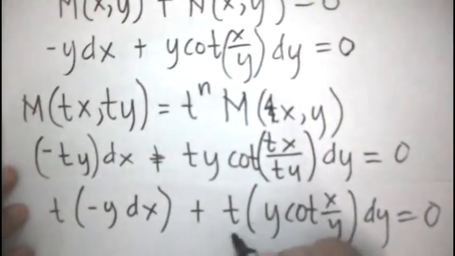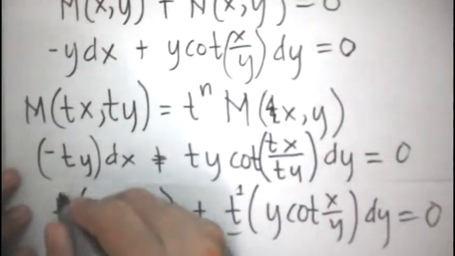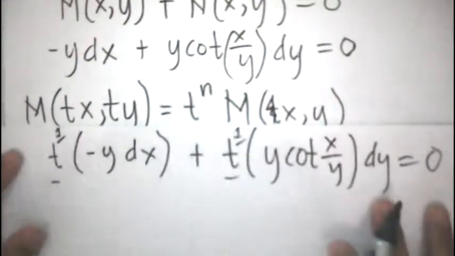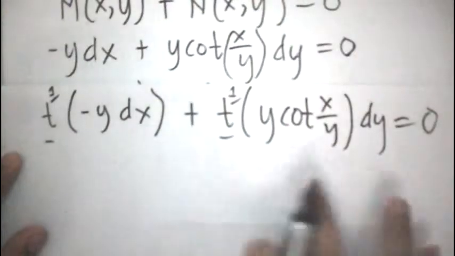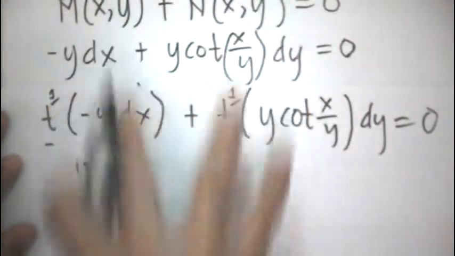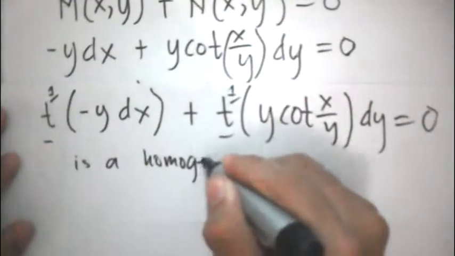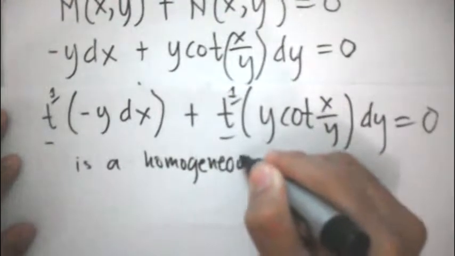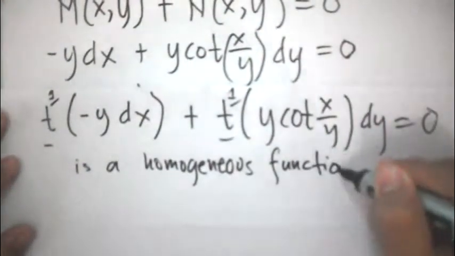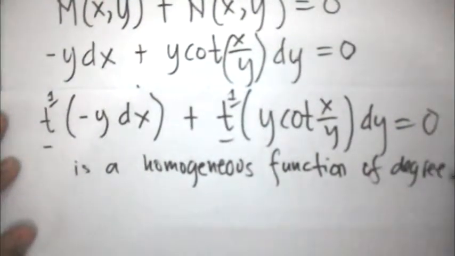As we can see, this is t with the power of 1. So we conclude that this is a homogeneous function of degree 1.